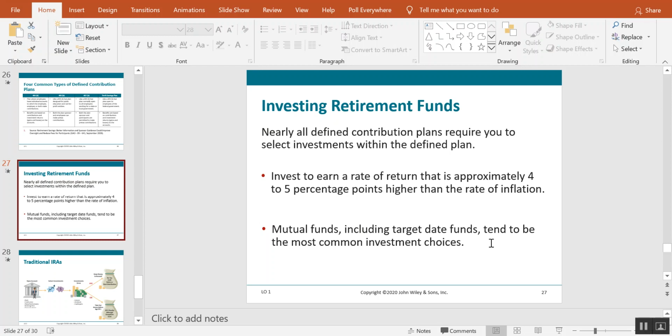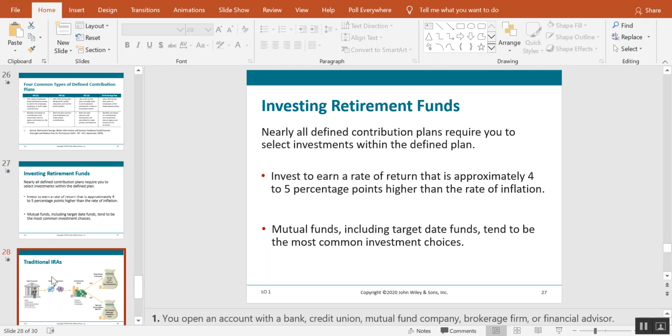You join it in 2020. Basically, what it's going to do is look at your investments for the next 10 years and plan and change those investments as if you're retiring in 2030. That means by the time you get to 2030, almost all of your investments are going to be in very safe investments, not necessarily in stocks or riskier investments. Even though they would pay higher, the reason is you don't have time to recover from a loss like that.